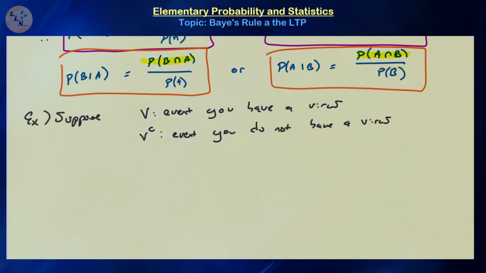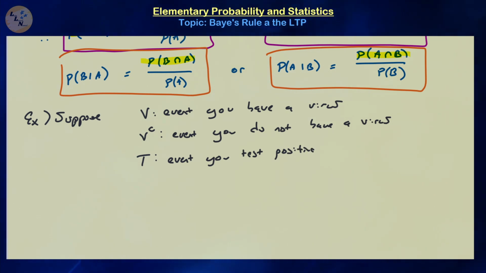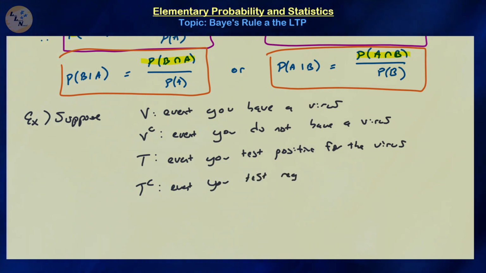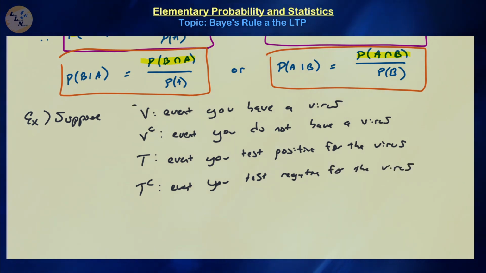Let's introduce a couple other things. Let's assume T is the event you test positive for the virus, regardless of whether you have it or not. And let's assume T complement is the event you test negative, or you do not test positive for the virus. So we have 4 different events.